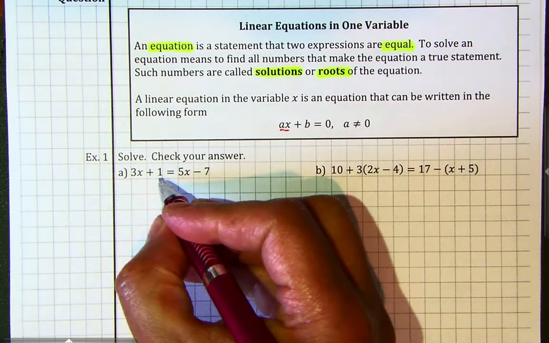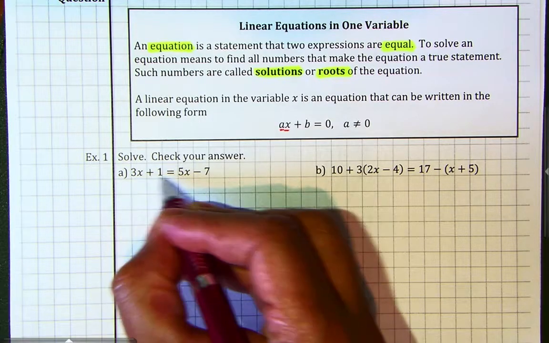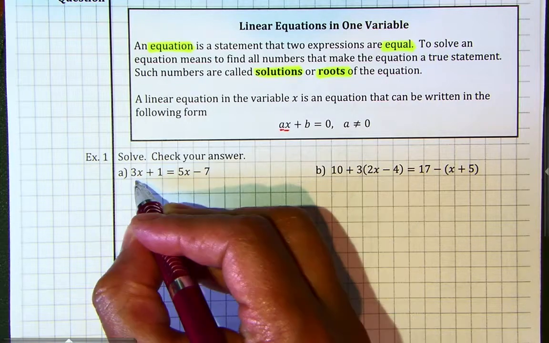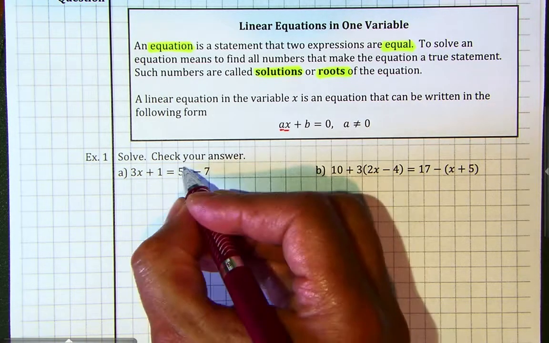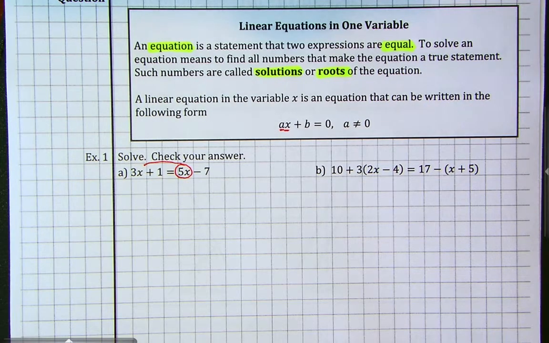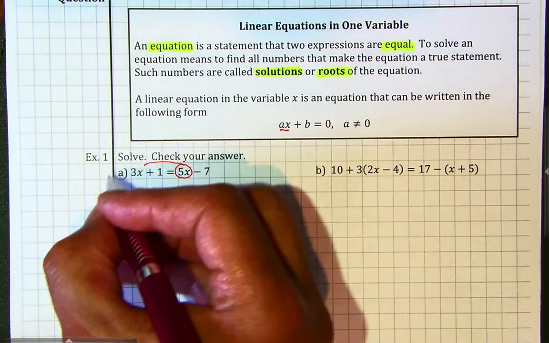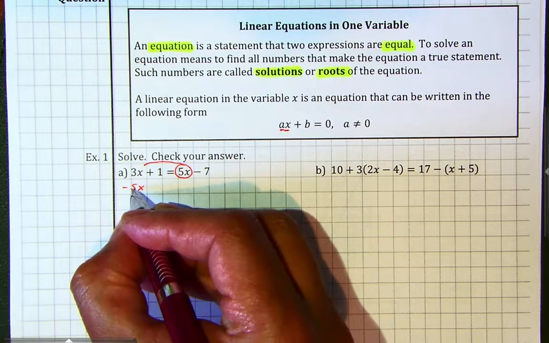In this case, we have an equation, and we notice that we have an x on both sides. We have a 3x on the left and a 5x on the right. I'm going to move my x's to the left, so I'm moving the 5x. It's a positive 5x, so we can say negative 5x, or if you want, you can do minus 5x and minus 5x.